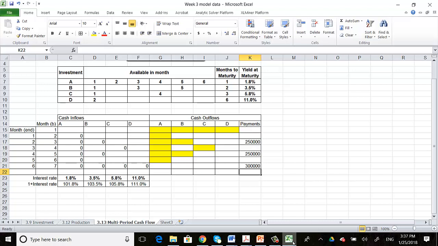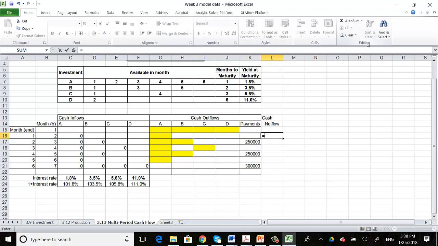Or the other way is to calculate the cash net flow here. So we'll do say cash net flow. Skip the first row because the first row is our objective function.